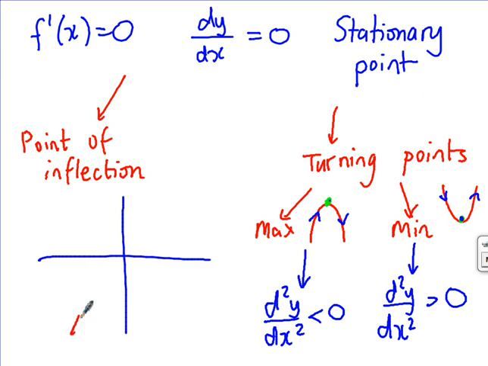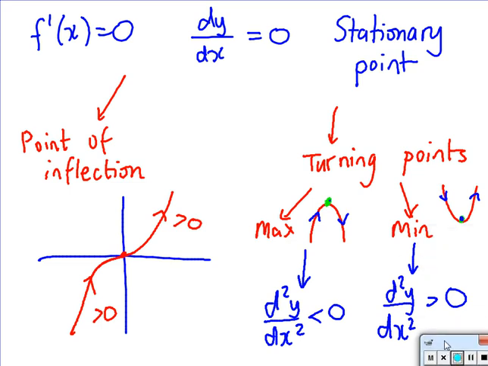So they start off positive, for example, and look like they're going to change to negative, but in fact go to 0 and then carry on positive again. So the gradient is positive here and it's positive here. So a point of inflection does have 0 gradient, but it doesn't actually change from positive to negative or negative to positive. Make sure you can recreate that diagram, and therefore you understand what the question is asking you to do.